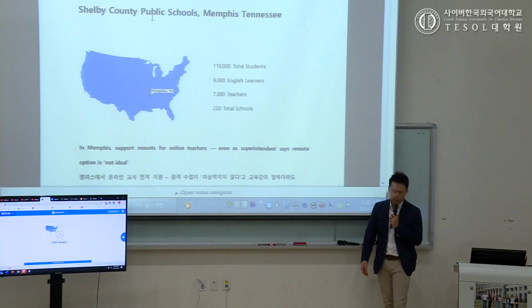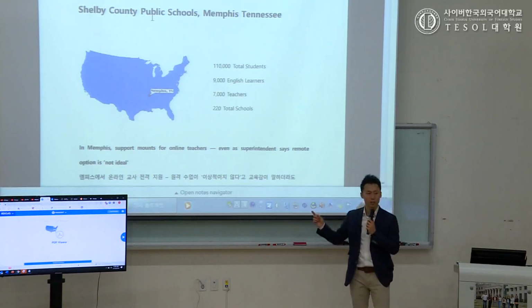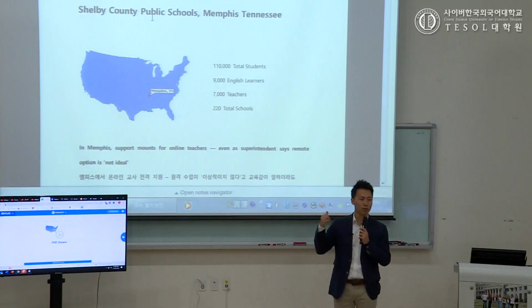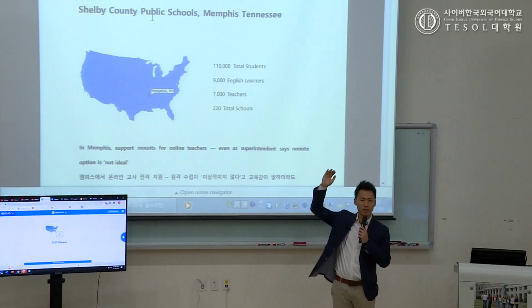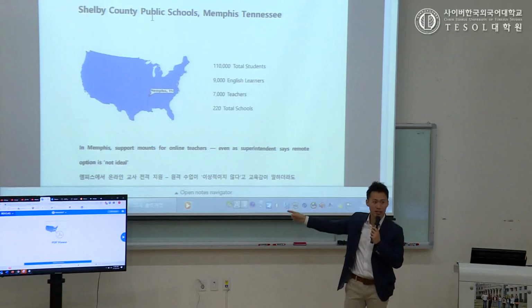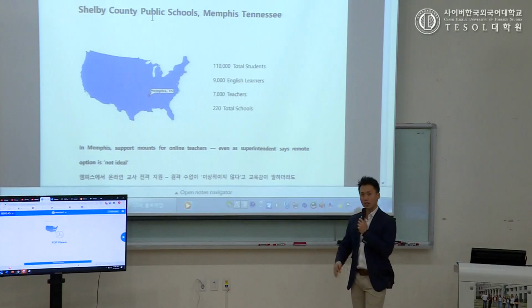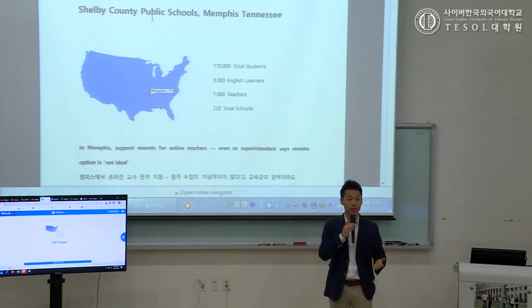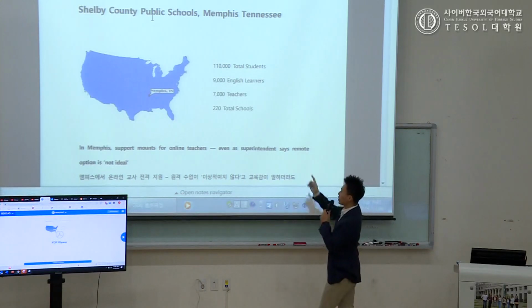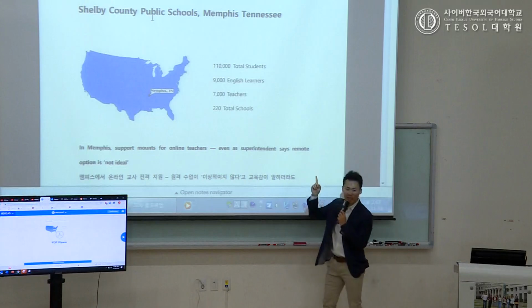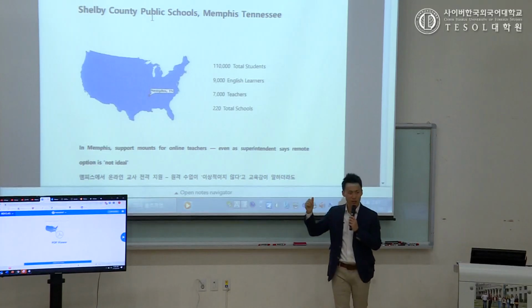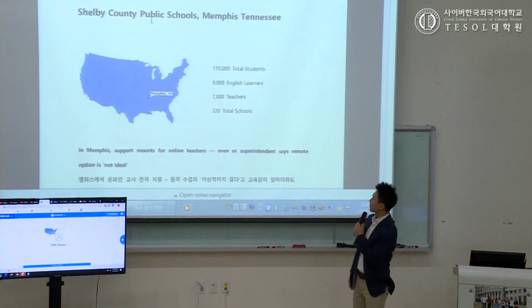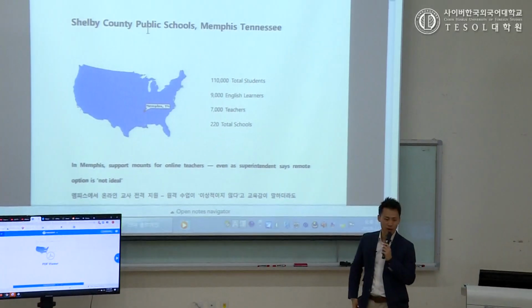So I picked this particular article because my classmate was the former deputy superintendent. So he was at the top. He ran this district. This is probably top 20 districts in the United States by size. So just imagine 110,000 students are in this school district. 9,000 of them are English learners.